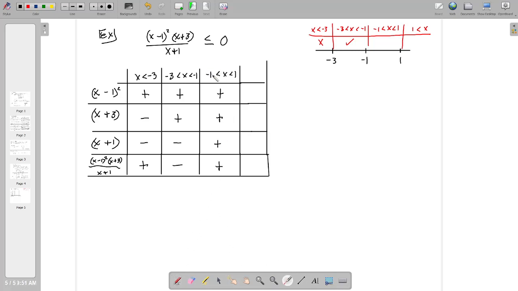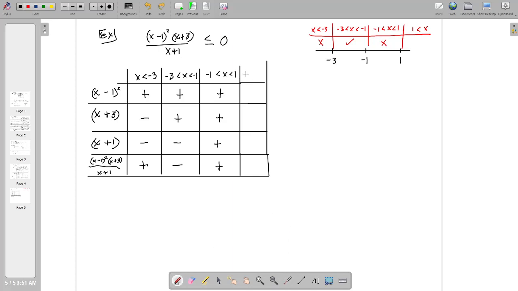On this region, between -1 and 1, we have a positive quotient. So between -1 and 1, we have a positive is less than or equal to 0, which does not satisfy the inequality. So we go back here and we say, no, this does not satisfy.